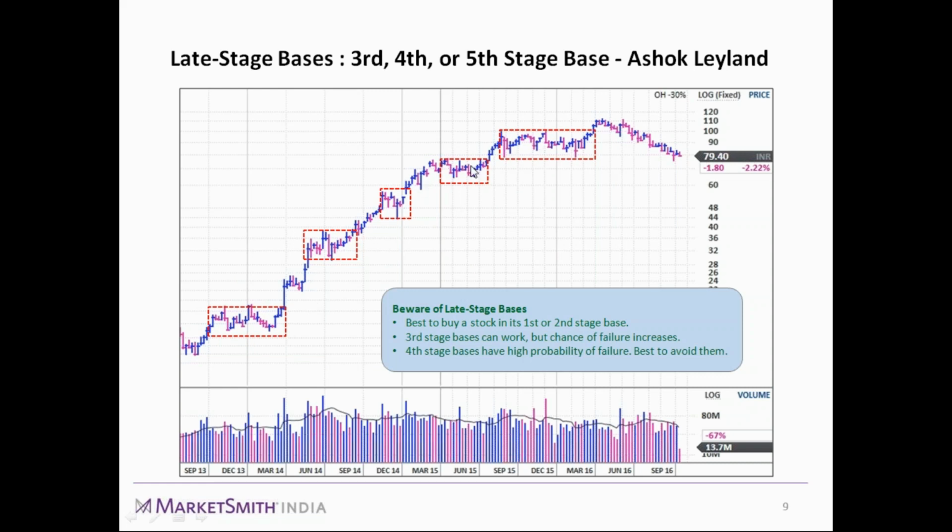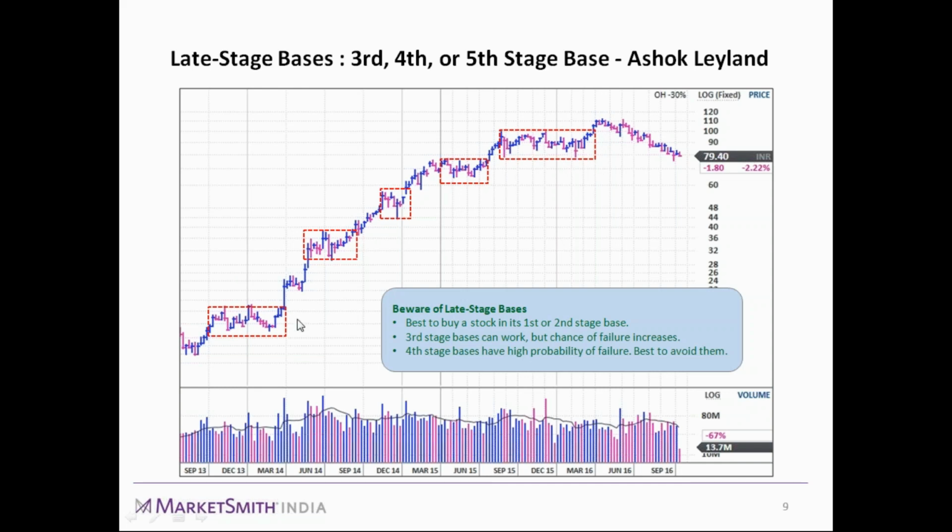But once it moved into a fifth stage base without any significant correction, that's when you have to start to get worried. All these late stage bases where it keeps forming base after base without making any correction, that's when you have to be careful and avoid buying it after these late stage bases, because the probability is not in our favor.